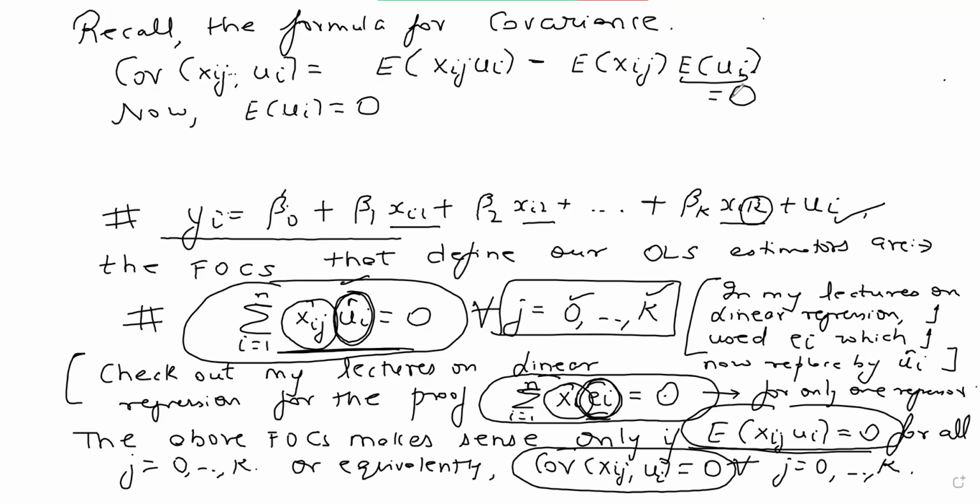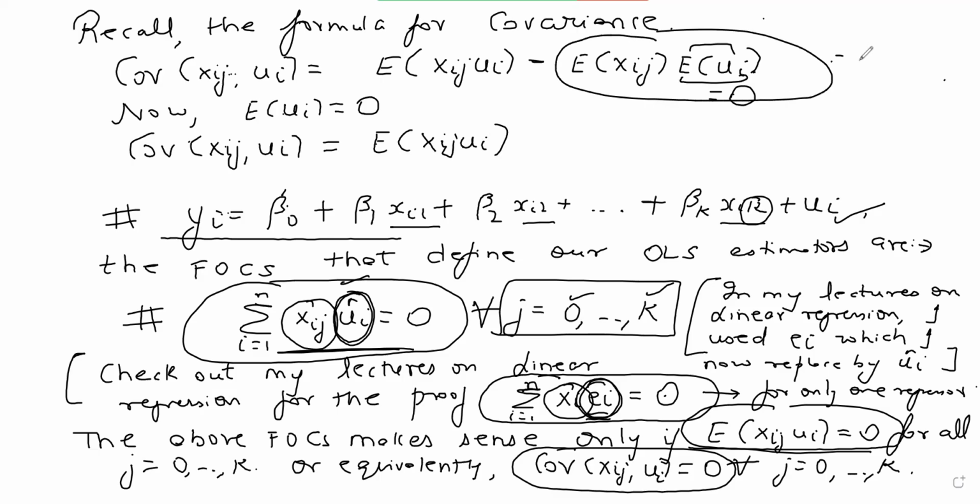If the expected value of ui is 0, this whole term is 0. So I can say covariance of xij comma ui is exactly equal to expected value of xij ui.